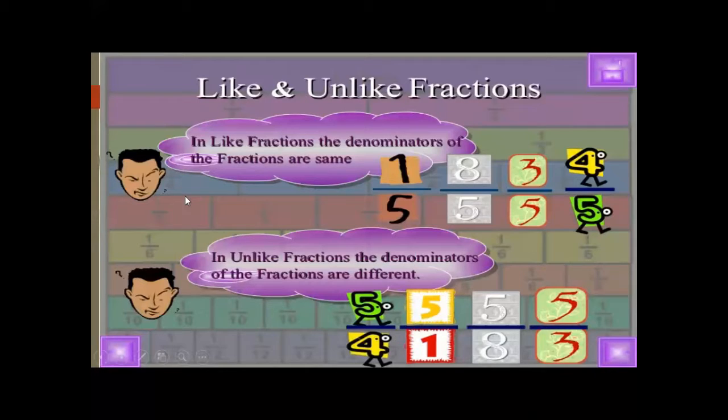Okay, I will tell you about like and unlike fractions. What are like and unlike fractions? In like fractions, the denominators of the fractions are the same. For example, we have different fractions here: 1 upon 5, 8 upon 5, 3 upon 5, and 4 upon 5.